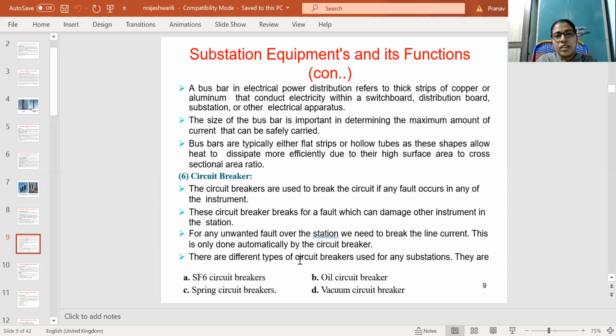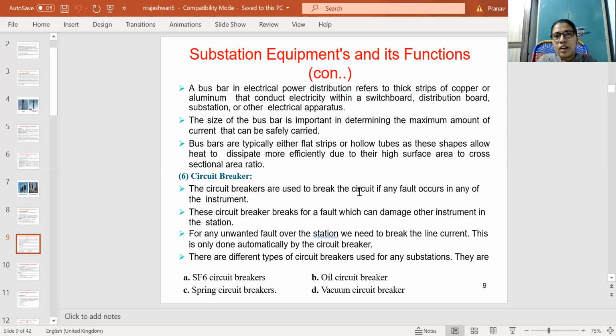There are different types of circuit breakers used in substations. They are SF6 circuit breakers, oil circuit breakers, spring circuit breakers, and vacuum circuit breakers. The main working of a circuit breaker is to make the circuit and to break the circuit. Whenever a fault occurs in the line, the circuit breaker breaks the circuit.